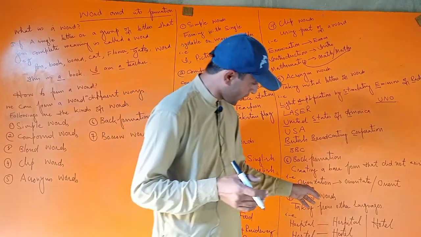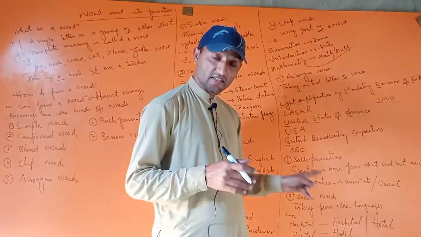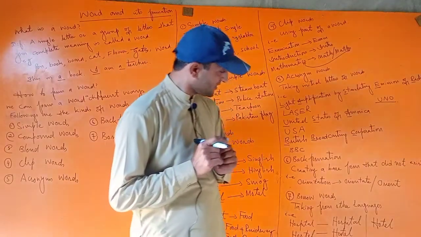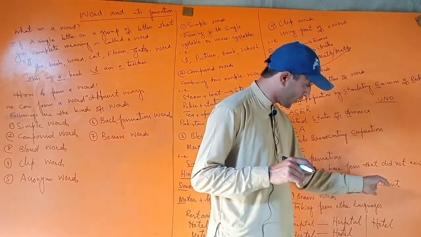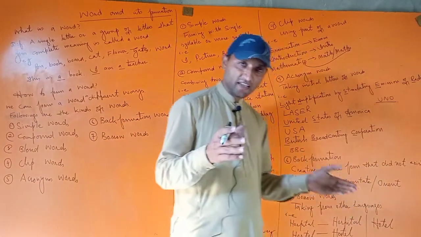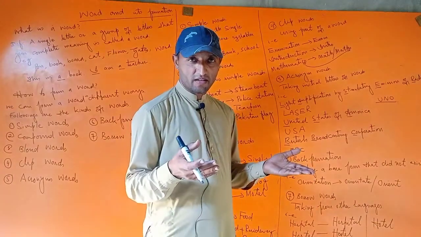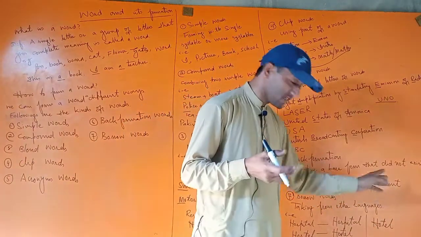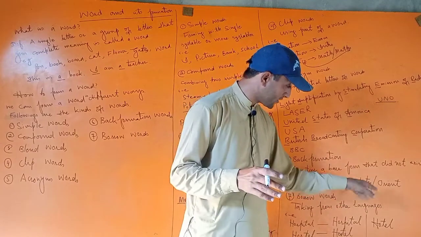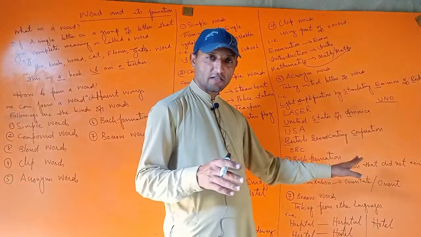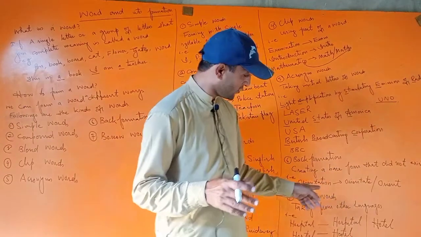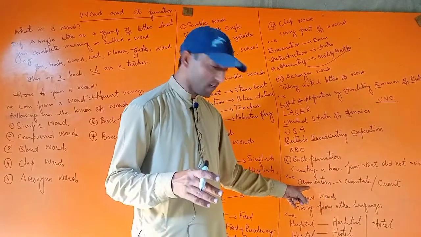Suppose here is orientation. This is the actual word, but we can say oriented or orient. Whenever you listen to the words orient and oriented, only the word orientation existed at first.